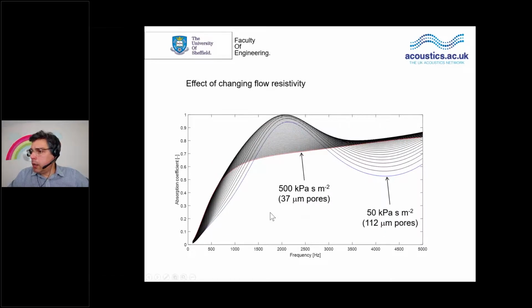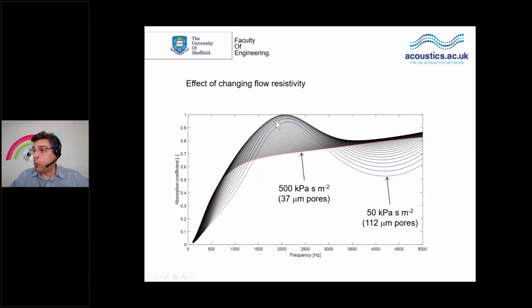In another slide, I'll show you the effect of changing the flow resistivity or the pore size. When the flow resistivity is high or the pore size is small, almost no resonances actually occur. So basically, it's a highly resistive layer, and sound enters the pores and very quickly attenuates.